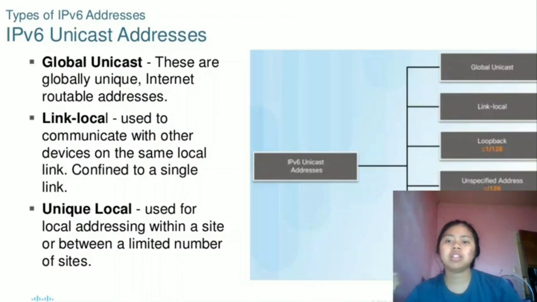The global is a unique internet routable address. The link-local is used to communicate with other devices on the same local link, while the unique local is used for local addressing within a site or between a limited number of sites.